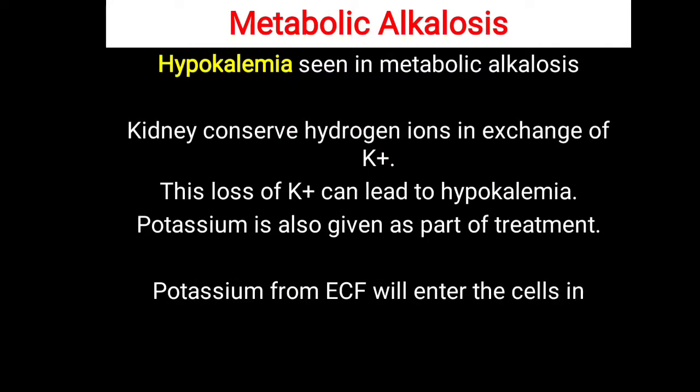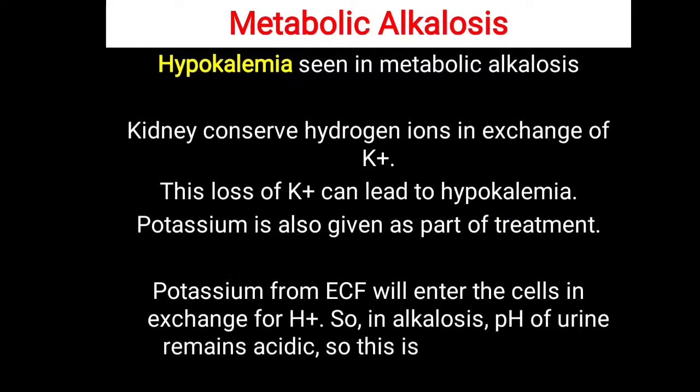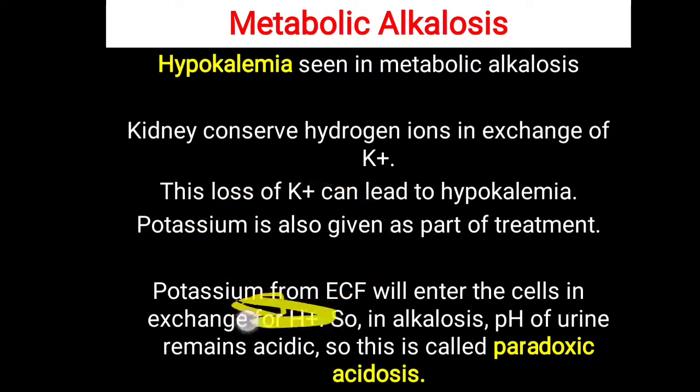Now sometimes what happens is that potassium from the extracellular fluid will also enter the cell in exchange for H plus. So to maintain pH, the body will try to excrete more H plus in the blood, and when this H plus goes into the blood, potassium will come inside the cell in exchange for the H plus, and that can also lead to hypokalemia.